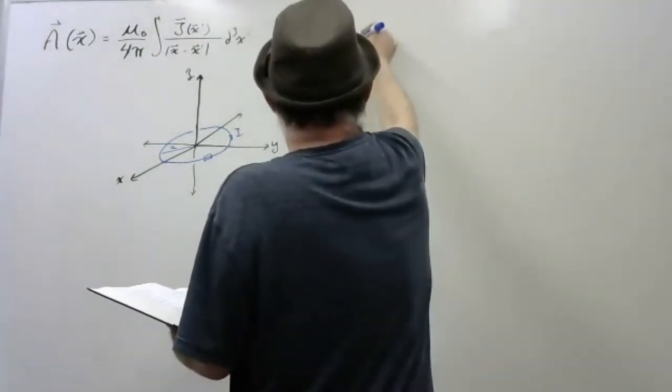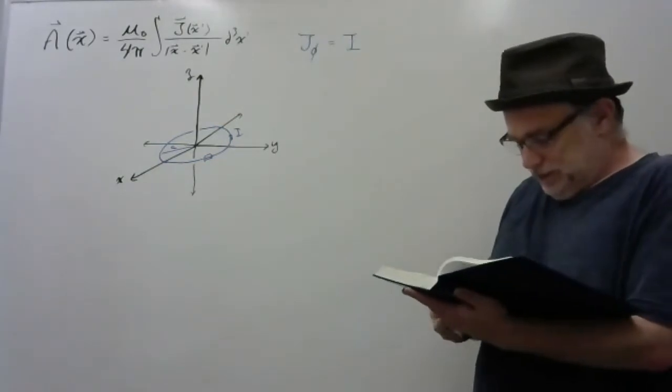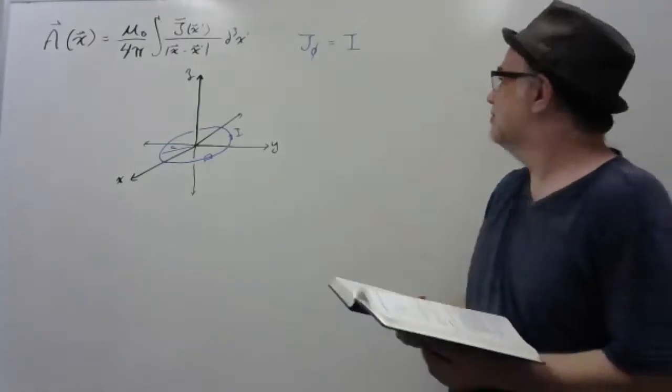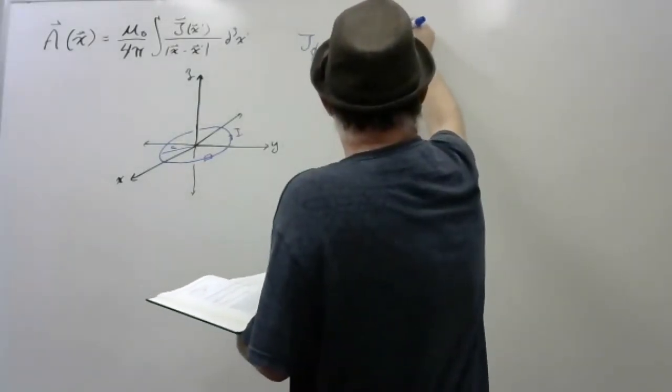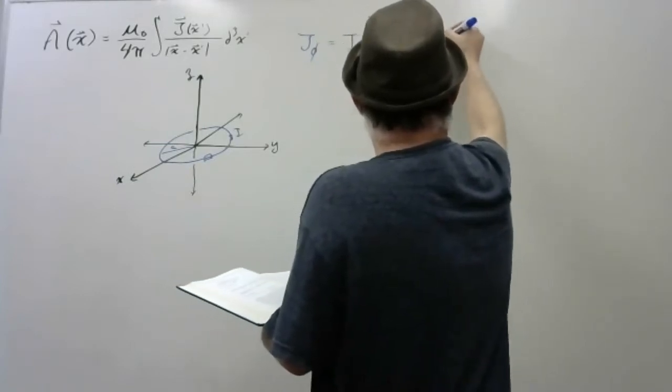And it's equal to this current I. Now, remember where we put the current, is in the prime: sine of theta prime times delta of cosine of theta prime.